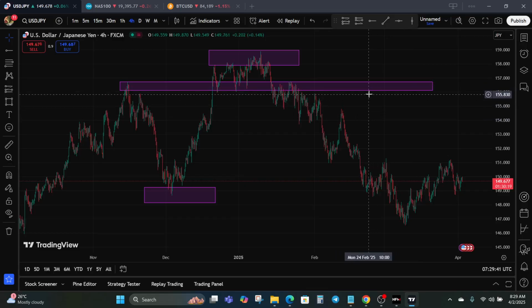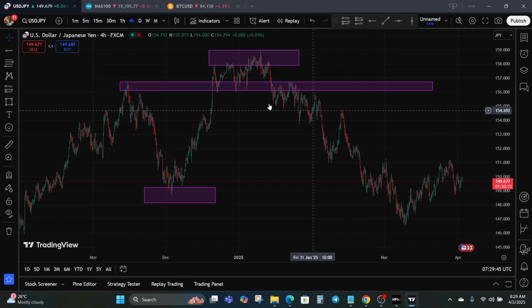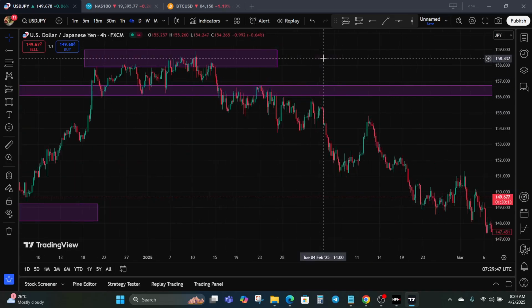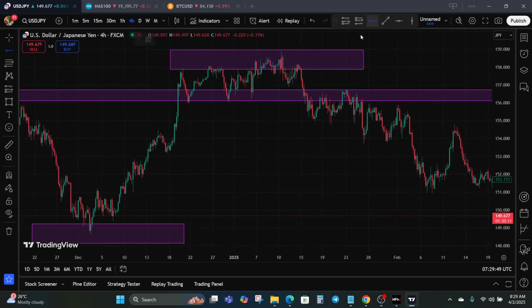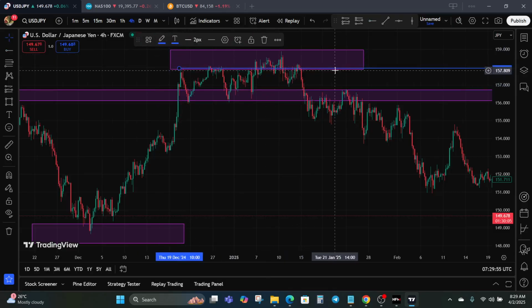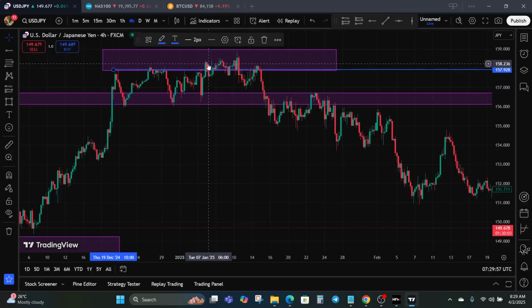So now, retail traders often fall into the same trap. They place stop losses in obvious places. For example, if you had entered a sell around here, because you can see there is a resistance here, where would you set your stop loss?